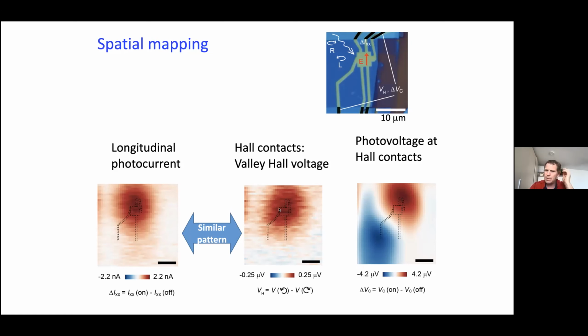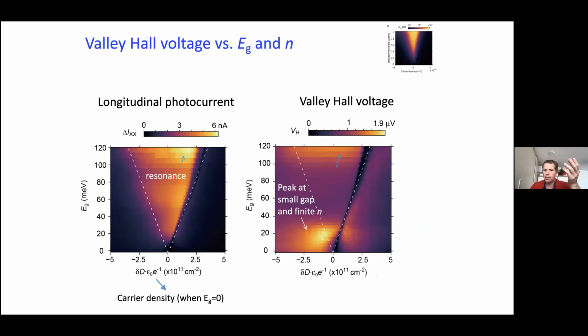Now we can map out this Hall effect as a function of different parameters. We can measure it as a function of gap and as a function of carrier density. That is shown in this graph. On the left side is the normal photoconductance as a function of gap and carrier density.